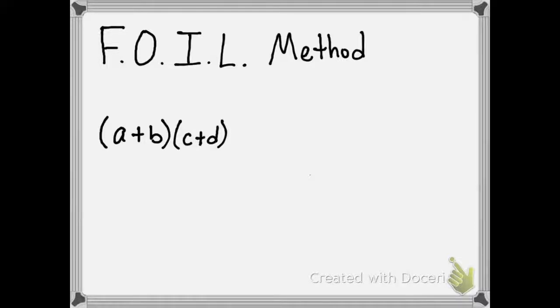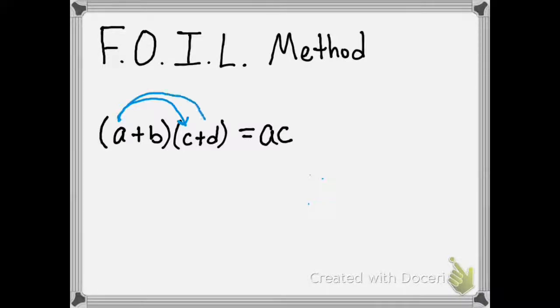So the FOIL method, the F stands for first. So what we're going to do is multiply the first terms in each factor together. So here we're going to have a times c, which will give us ac. The O stands for outside terms.